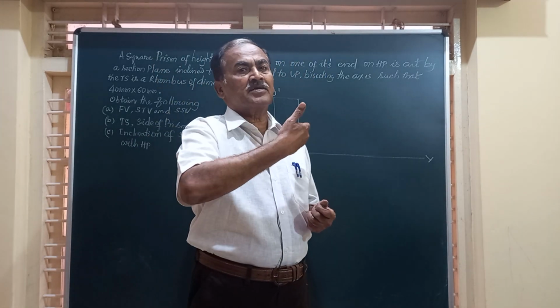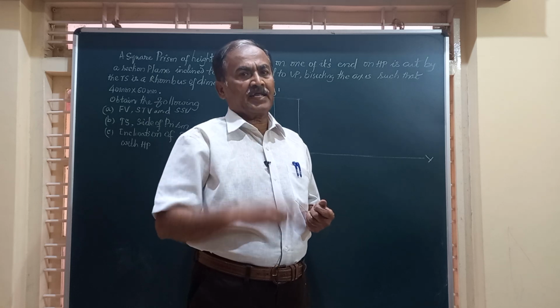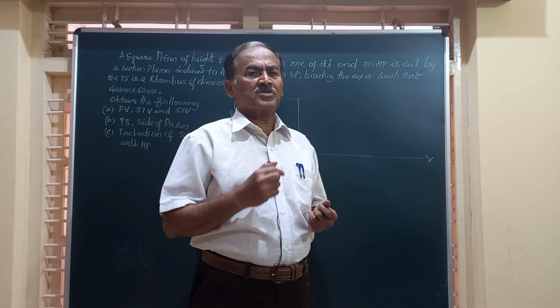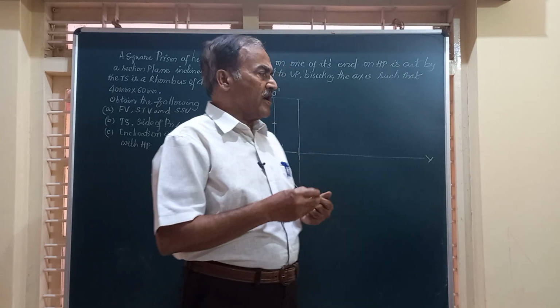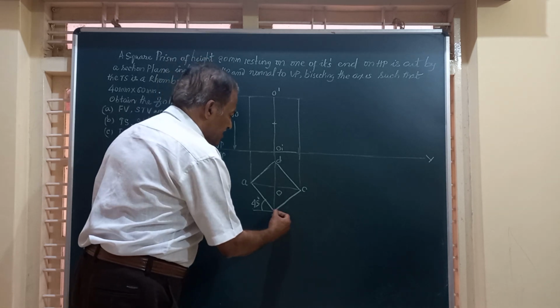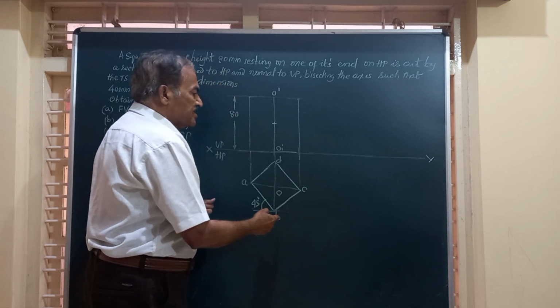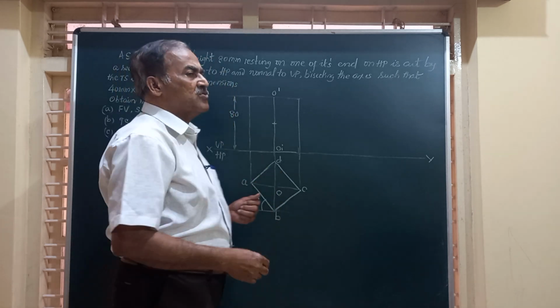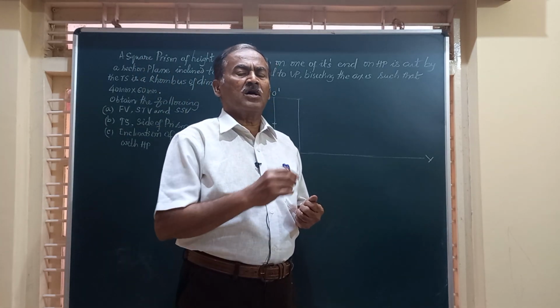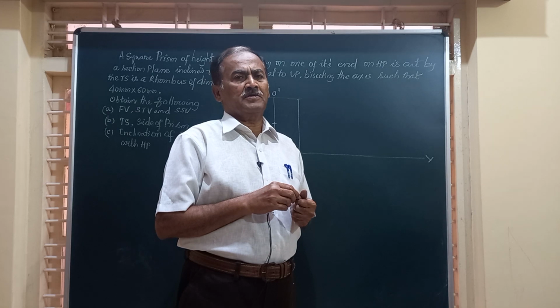You are going to get a rectangle in the true shape. To get a rhombus, you have to place the prism on HP such that two of its adjacent sides, or all the four shorter edges of the solid, are equally inclined to VP.